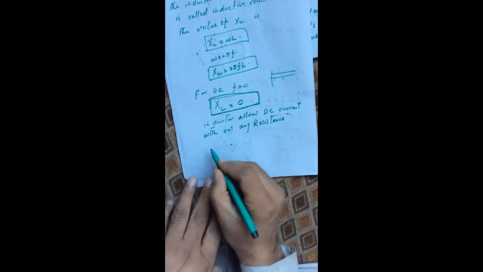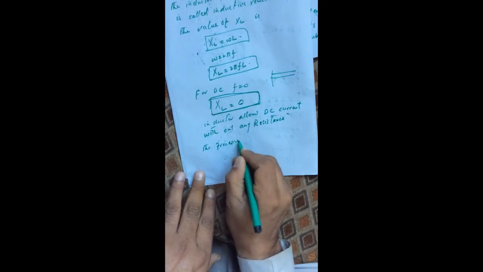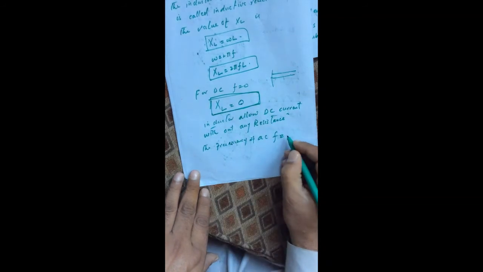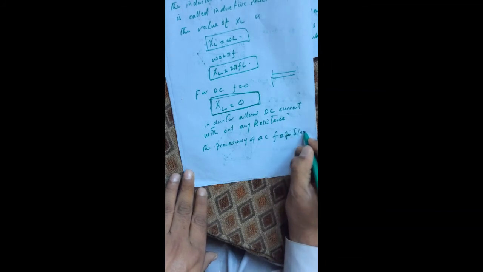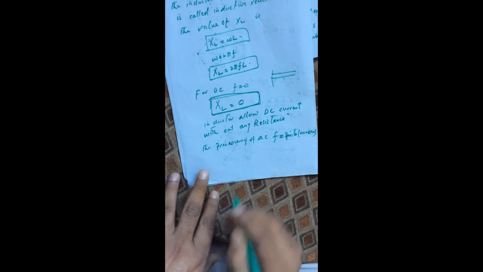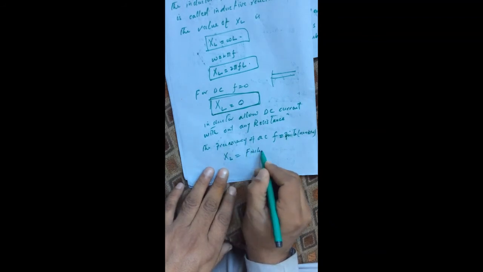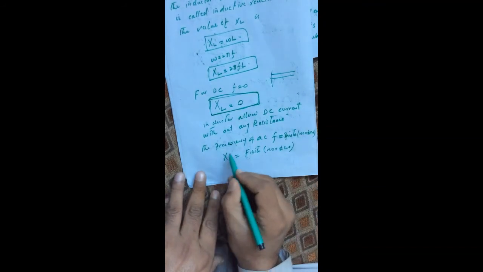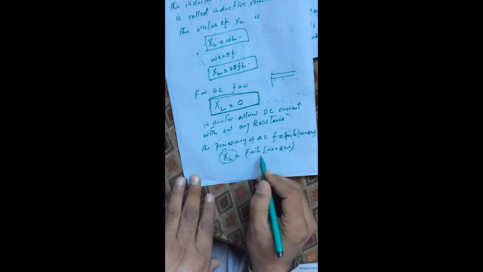But the frequency of AC current is finite and non-zero. If we put this finite, non-zero value in the above equation, then XL will be finite and non-zero. So it means that the inductor offers resistance to the flow of AC current.